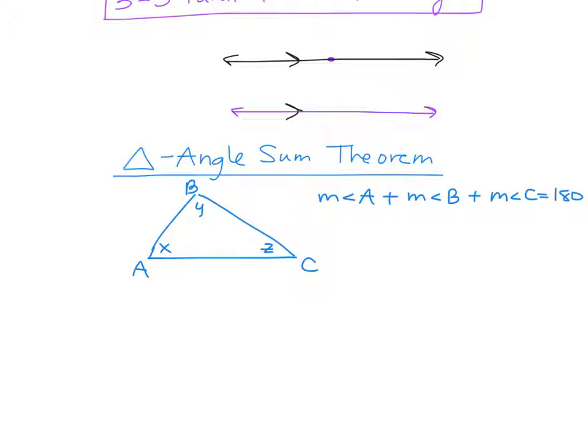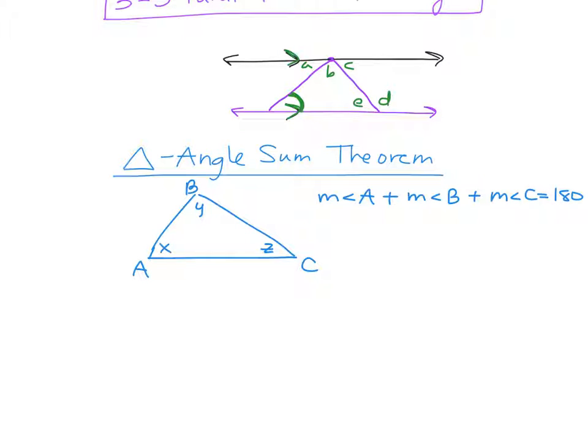Another way to think about this is if I have a triangle, I'm going to go back up to that top picture for a second. You don't necessarily need to write this down, but I want you to see how this works out. Because we know these lines are parallel, this angle here would be the same as which angle: A, B, C, D, or E?